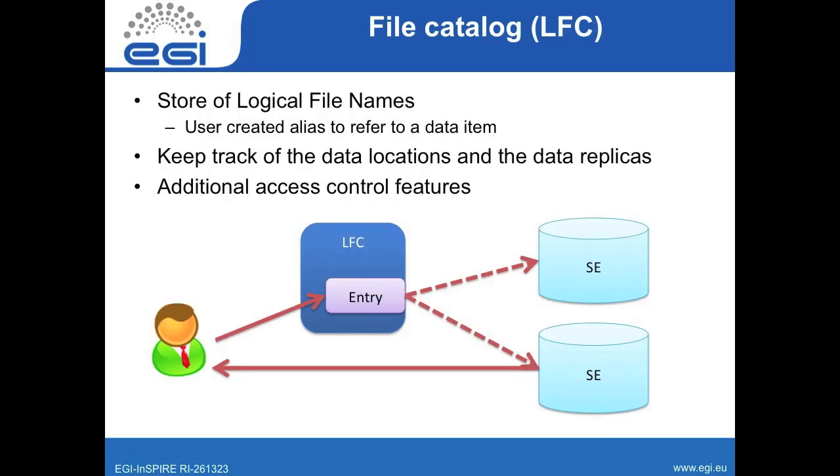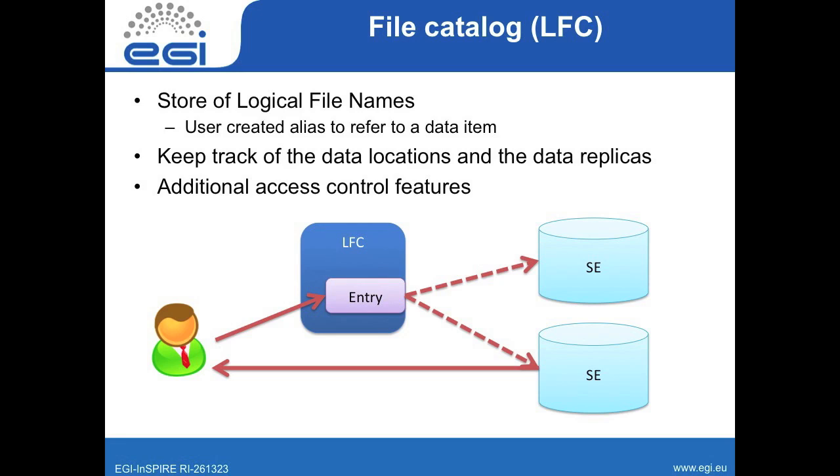As I was saying, in a distributed environment there is particularly need for a file catalog. The most common implementation is LFC, the logical file catalog, and what it does is store logical file names, which are user-created aliases to refer to a data item they uploaded to the grid.